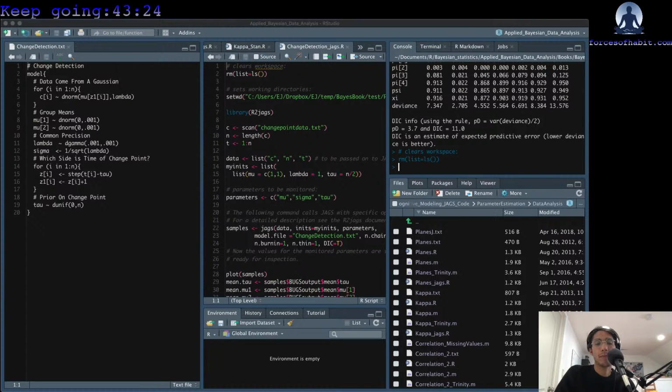I'm over it. Oh, no way. There's a keyboard shortcut.